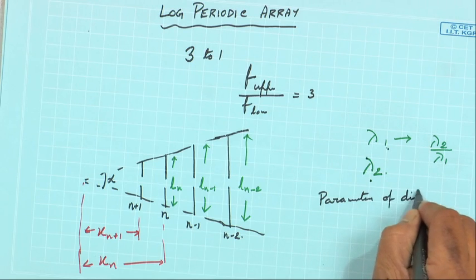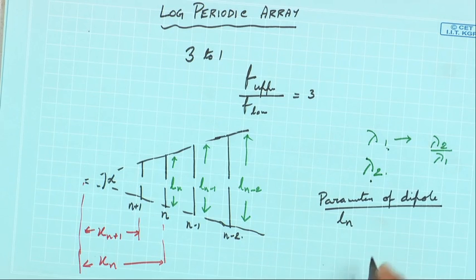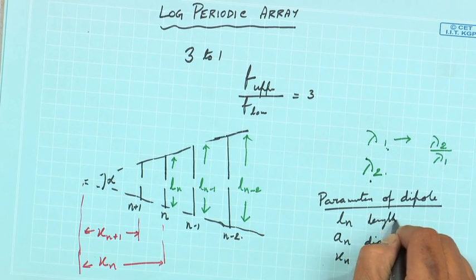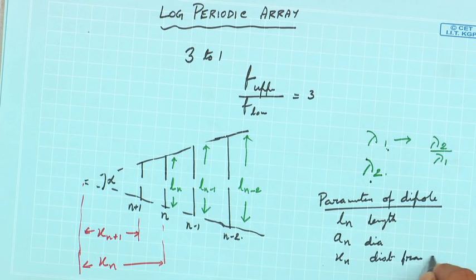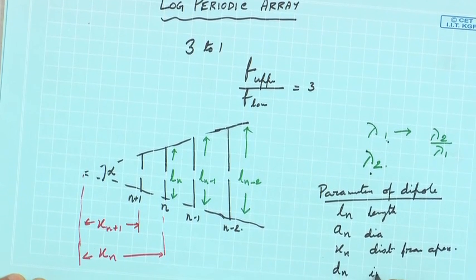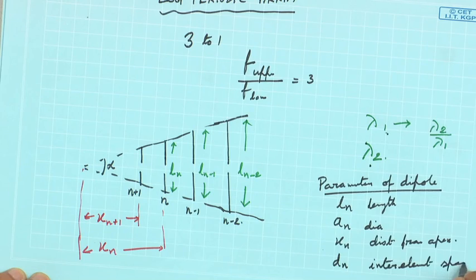Parameters of the dipole are length ln, diameter an, distance from the apex xn, and dn is the inter-element spacing.